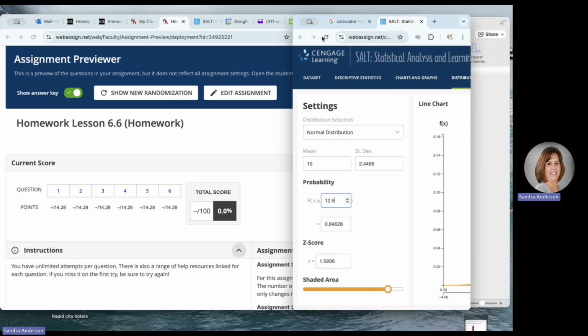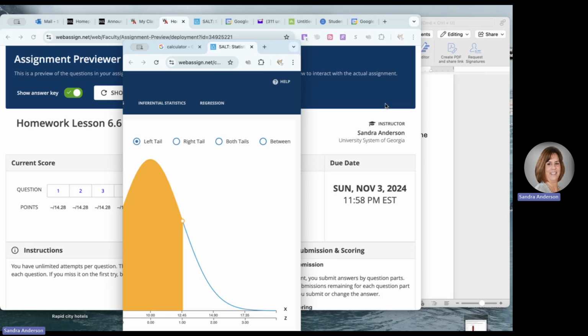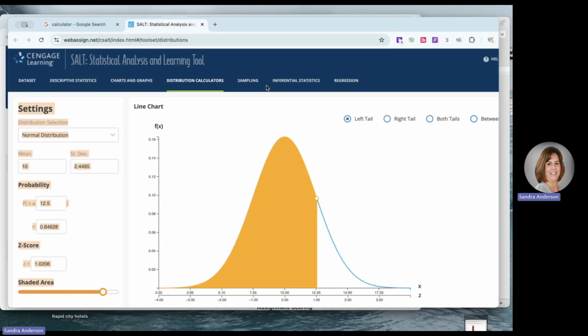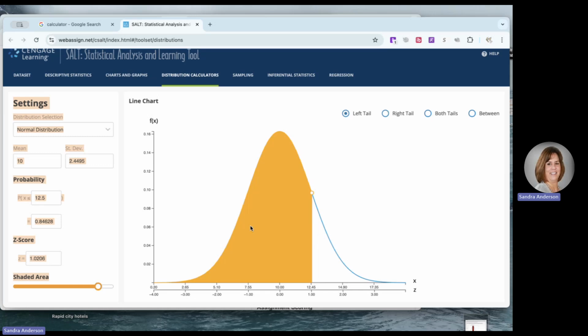Since it's a less than or equal to problem, let me pull this out for us so we can see the whole thing. We're looking for left tail because we're looking for everything less than or equal to 12.5. Do you know why this is not letting me expand this? There we go. Okay, so it's left tail because we need everything in the yellow to be below 12.5. Make sure you have 12.5 in here, not 5, and then this is your answer.